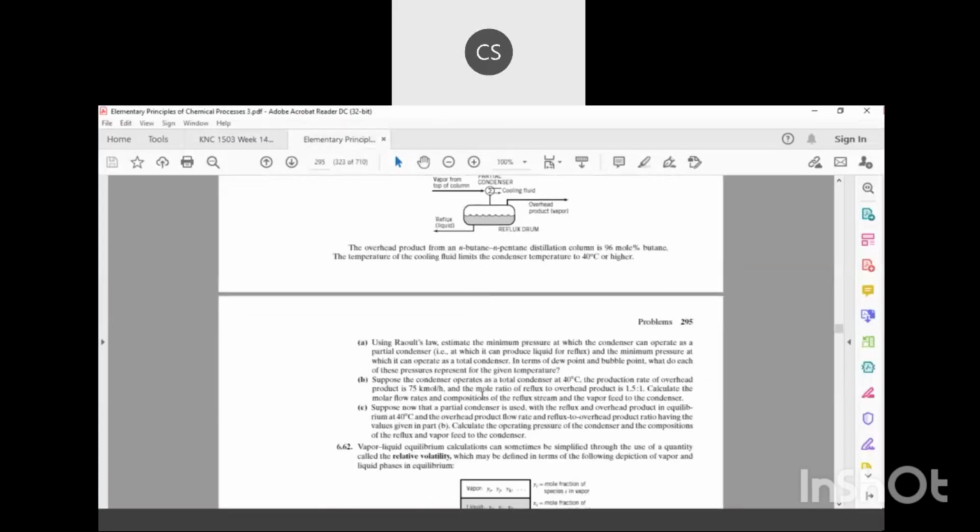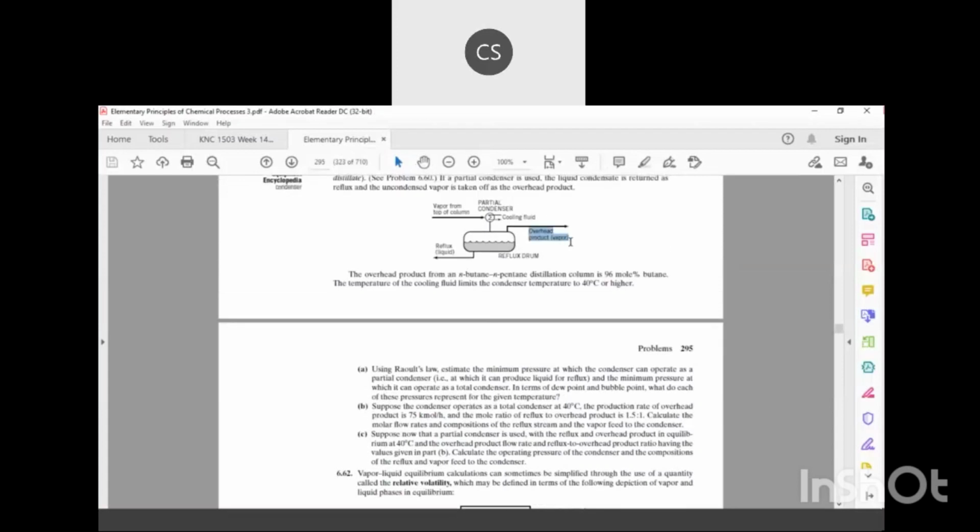You are given the molar flow rate of the overhead product, which is 75 kilomole per hour, and you are given the mole ratio of reflux to overhead product, which means from this mole ratio you can find the molar flow rate of the reflux.